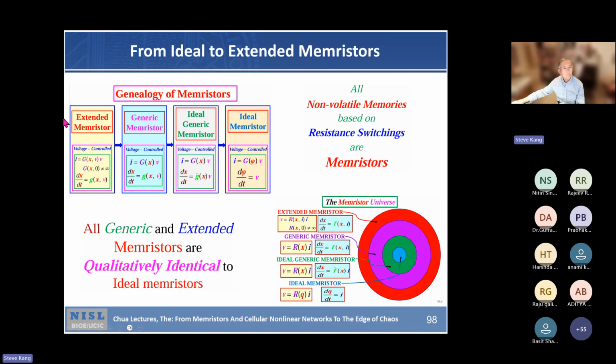For instance, the extended memristor here on the left-hand side is voltage controlled, I equals G(x, V) V, and dx/dt equals f(x, V), for instance. And then you have the generic memristor and the ideal memristor. So starting from the 1971 paper until now, there are many, many kinds of memristors.